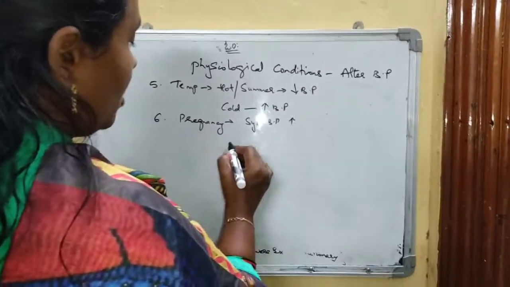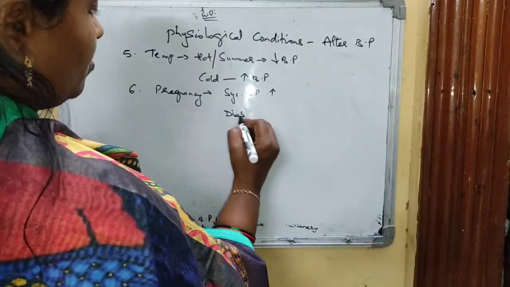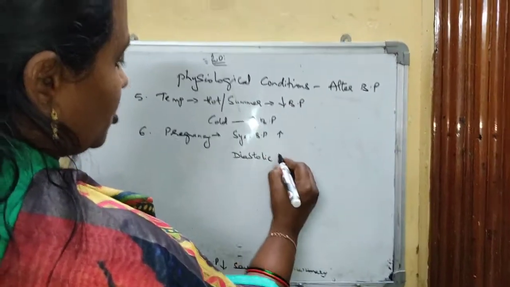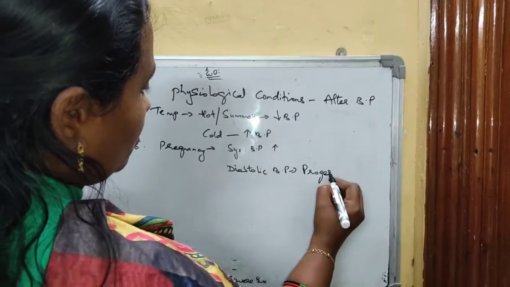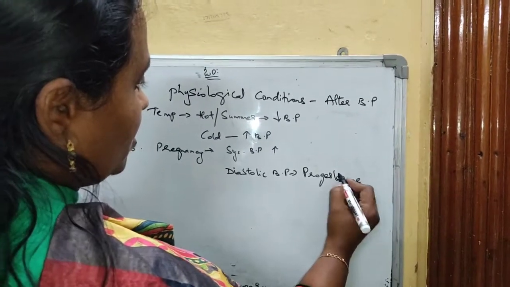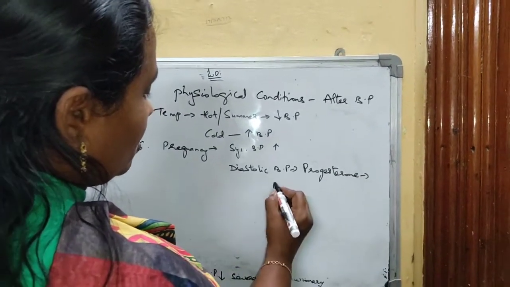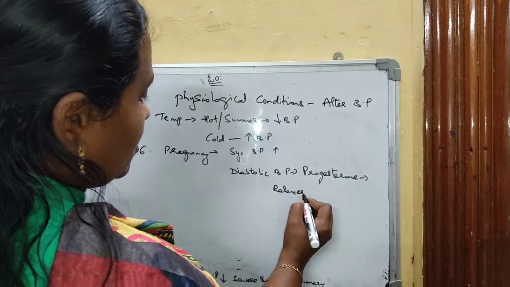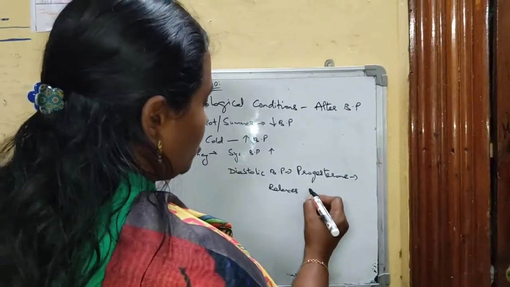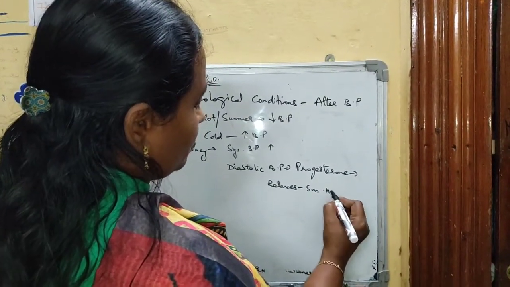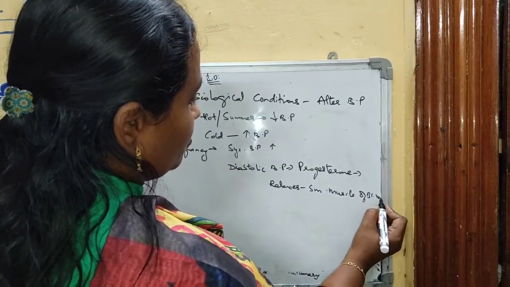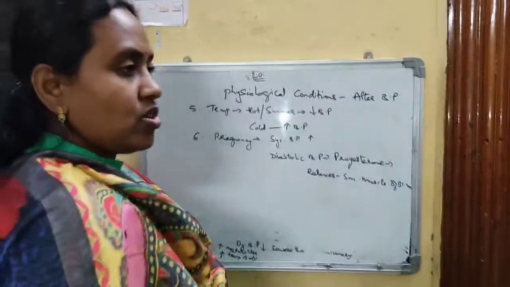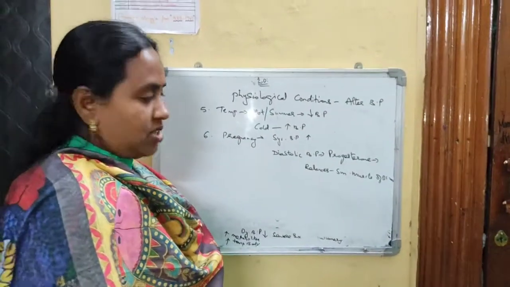But the diastolic blood pressure is affected by progesterone, which relaxes the smooth muscle of the blood vessels, thereby causing vasodilatation.